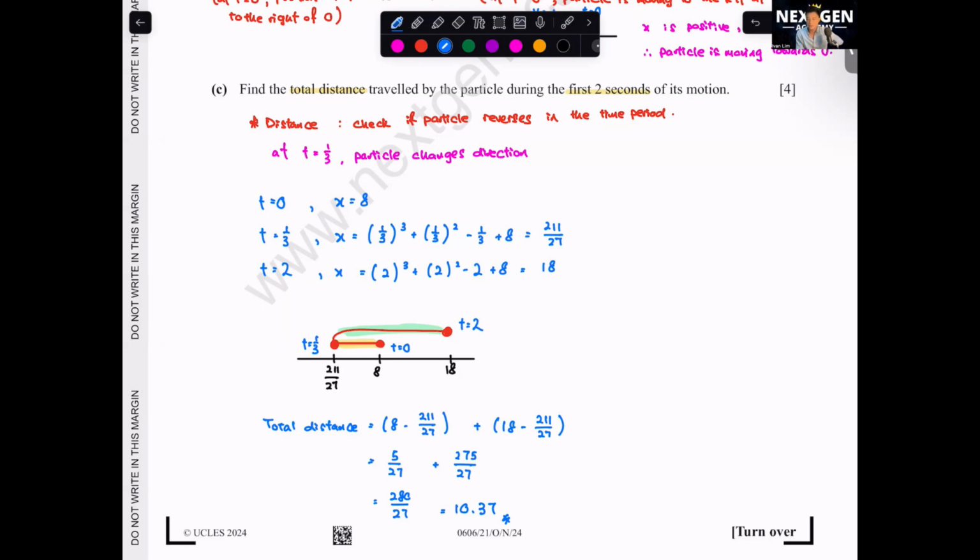Okay, is it 10? Okay, what do you think? Find the displacement of the particle, maybe when t is equals to 2. Find the displacement of the particle when t equals to 2.